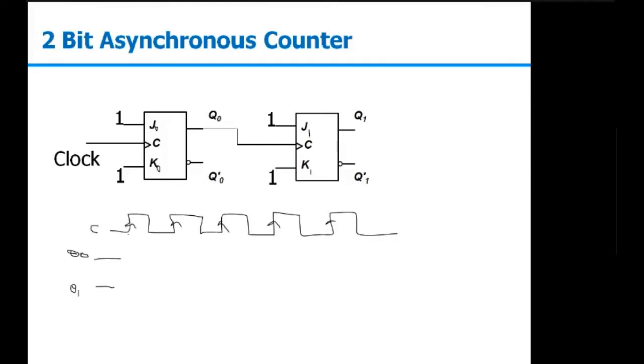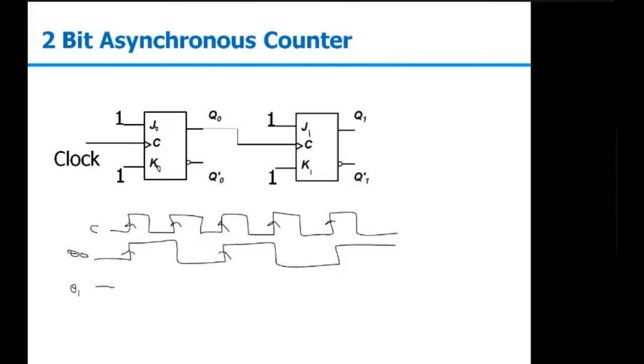So when the first occurrence of the clock comes, Q0 will be toggled. For every occurrence of this clock, we will have toggling in Q0, and so on. Now Q1 will change when we have a positive edge in Q0, because now my Q0 is the clock of my second flip-flop.